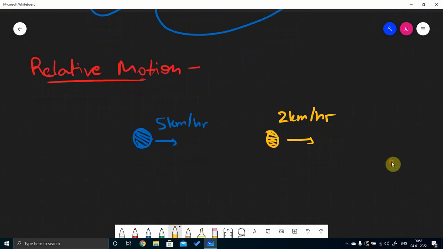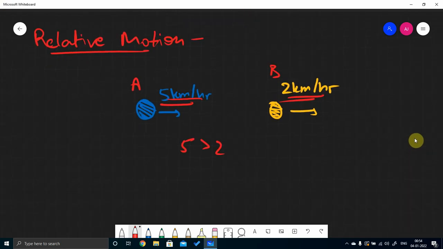If this is one-dimensional motion, this ball will go ahead and strike it at some point, because 5 is greater than 2. So this ball that's following, let's say ball A, will crash into ball B.